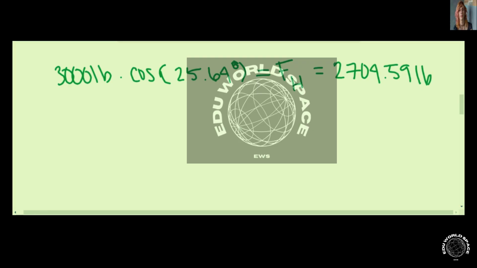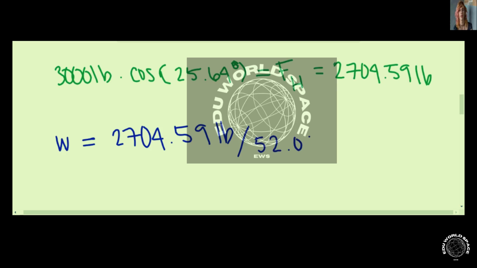So we'll finish off the problem by saying that the distributed load, w, is equal to F sub h, 2,704.59 pounds, divided by 52.08 feet, which equals 51.93 pounds per feet.